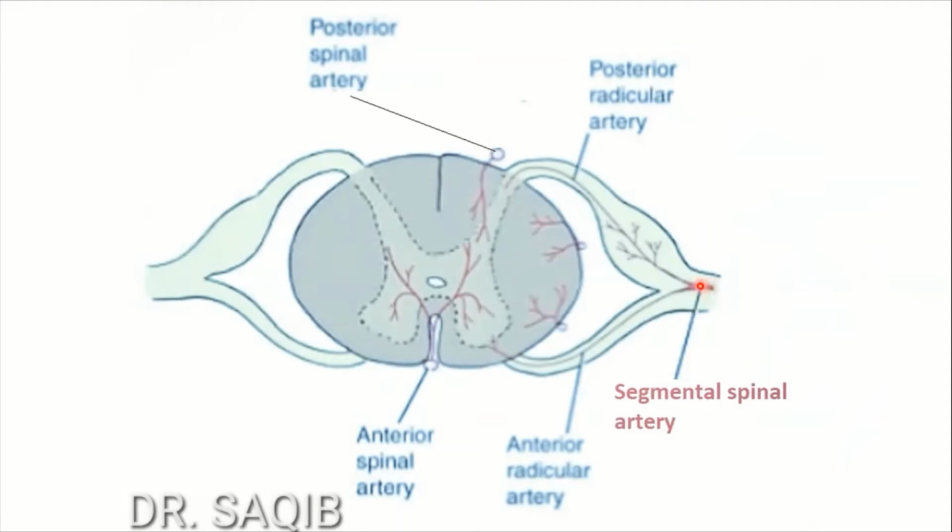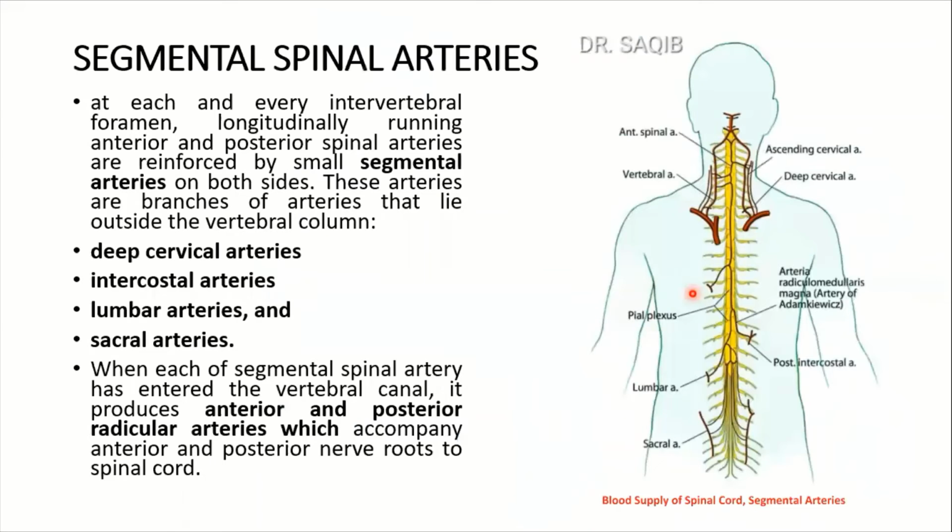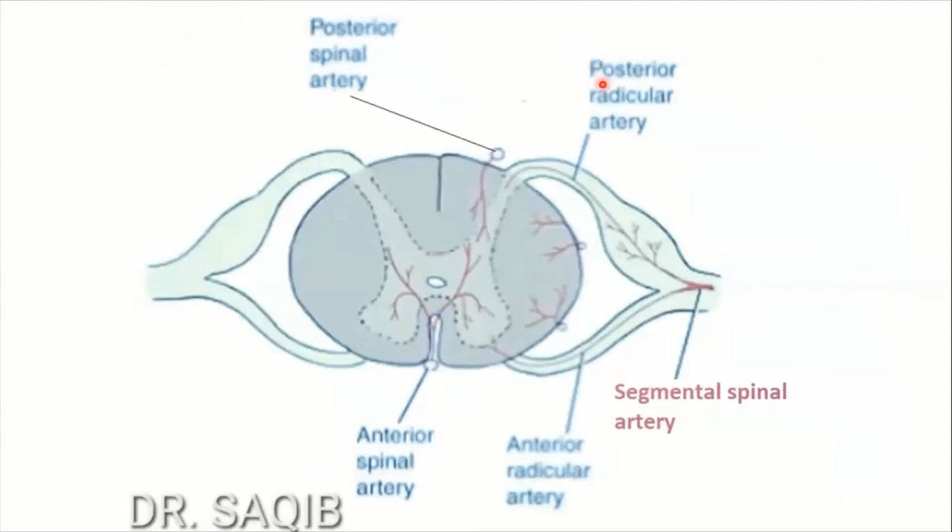They vary in size and shape and come from different arteries, so the origin is different at each and every level of the spinal cord, and they enter the spinal cord through the intervertebral foramen. Here you also note the posterior radicular artery and the anterior radicular artery. I will tell you later on.